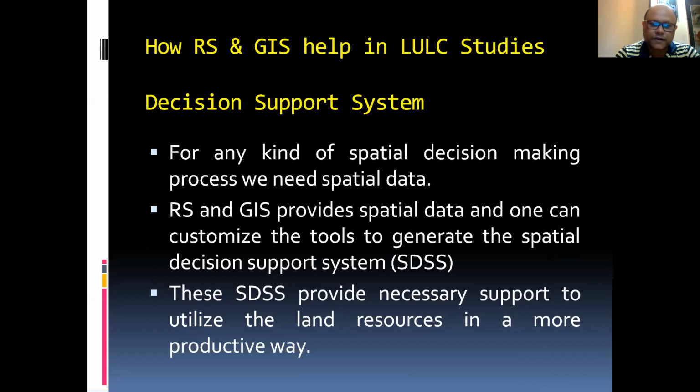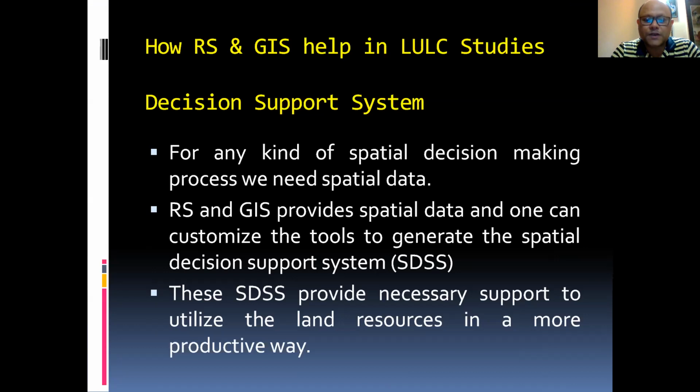We have different kinds of data, spatial data and non-spatial data, and GIS and remote sensing can integrate those data. With these tools, we can generate a spatial decision support system. This system provides necessary support to the users or decision makers to utilize the land resources in a more productive way.